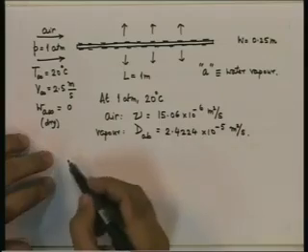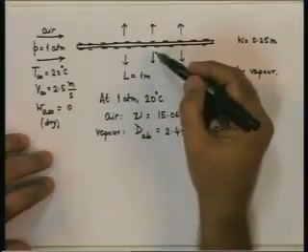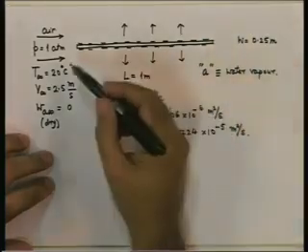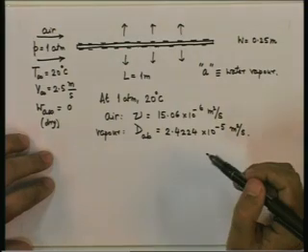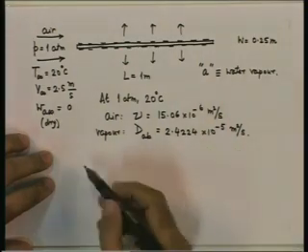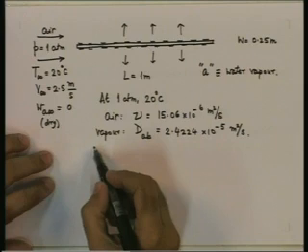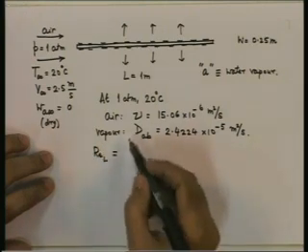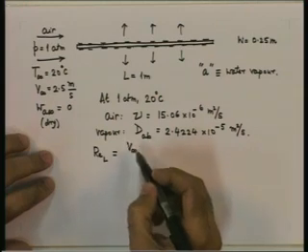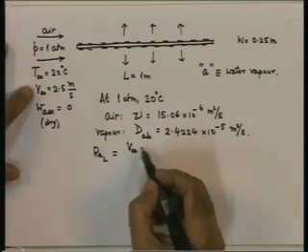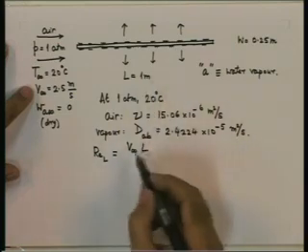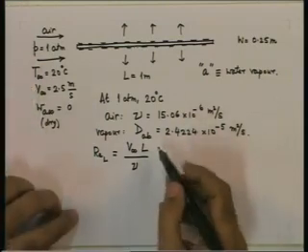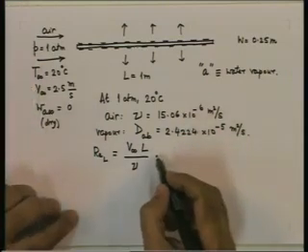We first calculate the Reynolds number. We want to determine the total mass transfer rate. So, we will work with the average mass transfer coefficient, and hence let us calculate the Reynolds number based on the length of the plate. This will be V infinity, which is 2.5 meters per second, into L, which is 1 meter, divided by nu, which is 15.06 into 10 raised to minus 6 meters square per second.